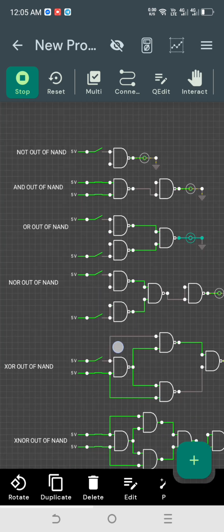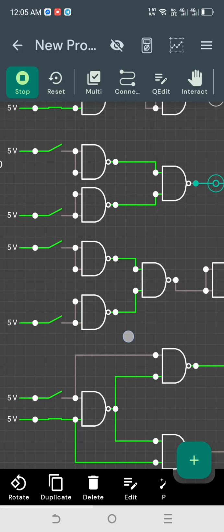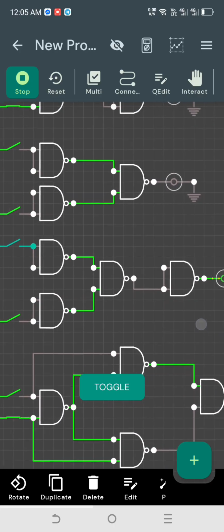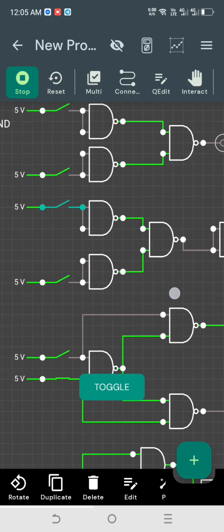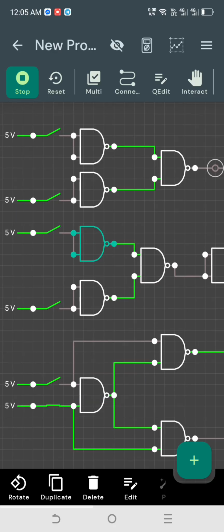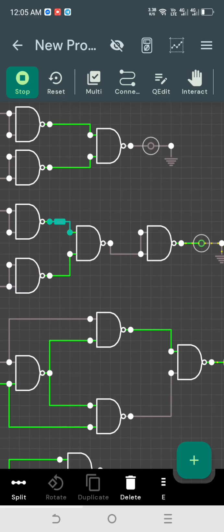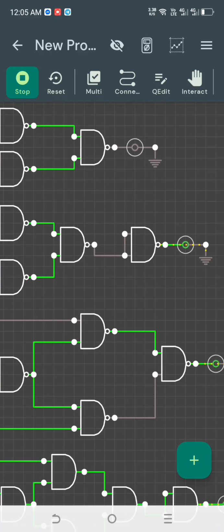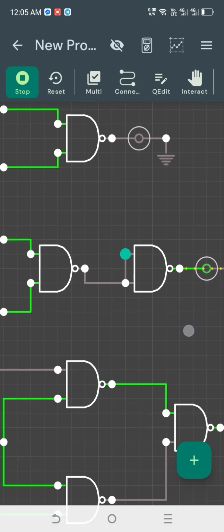Next is NOR out of NAND. This one is working, so why? We will explain. With inputs 0 and 0, the output is 1. With inputs both 1 and 1, the output will be 0. And with both 0 and 0, the output will be 1. That's why it works.